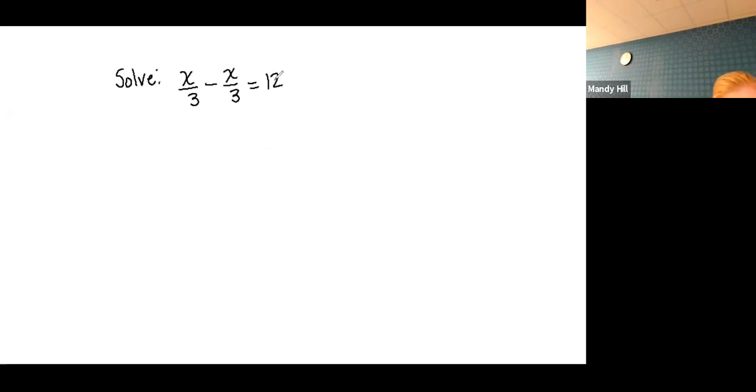If you've got x over 3 and you subtract x over 3, that means that you've got 0 is equal to 12. Well, this is not true. 0 is not equal to 12. And this would be no solution. There's nothing I can plug in there for x that's going to make that equal to 12. So no solution on that one.